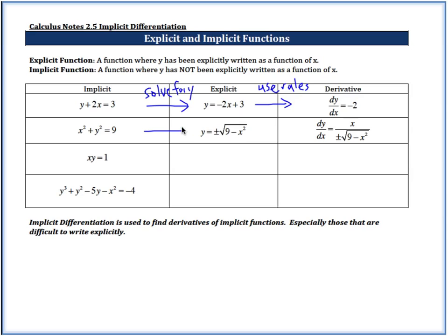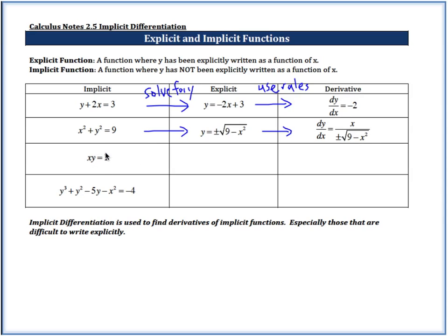You'd have to subtract your x squared and then take the square root, giving you plus or minus. So there are actually two explicit functions needed to define this implicit function. If we were to find its derivative, we could use the rules: change this to the 1/2 power, use the chain rule, and we would end up with this derivative right here.